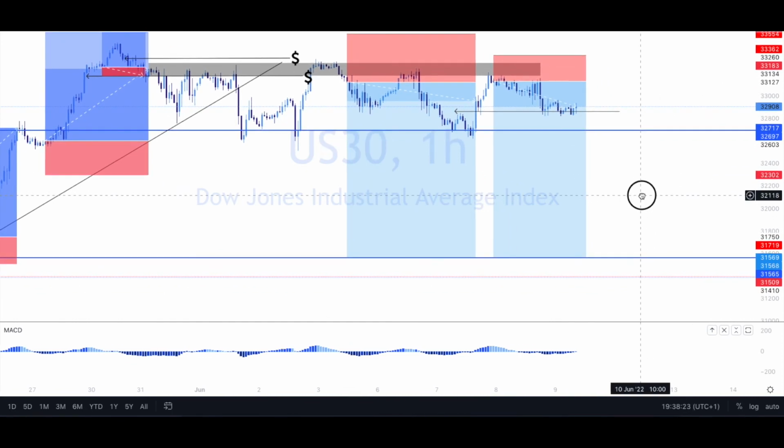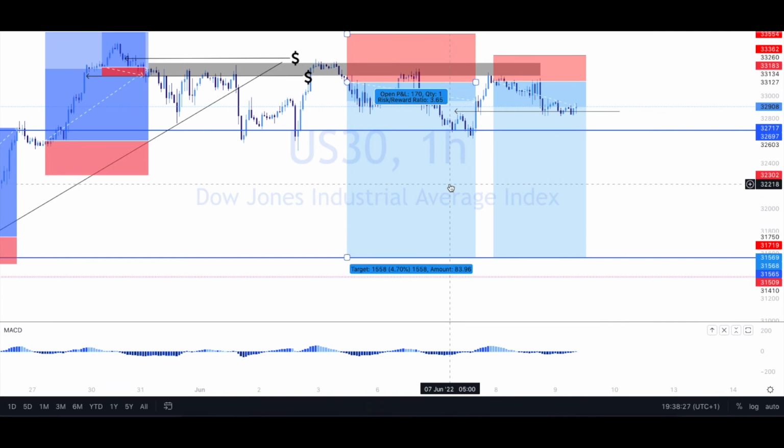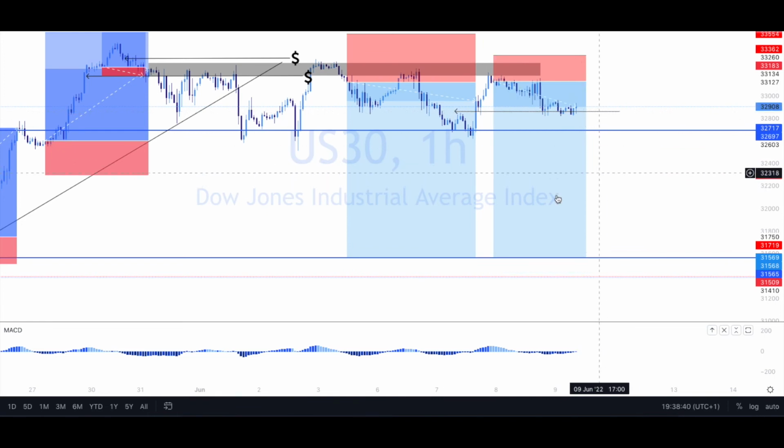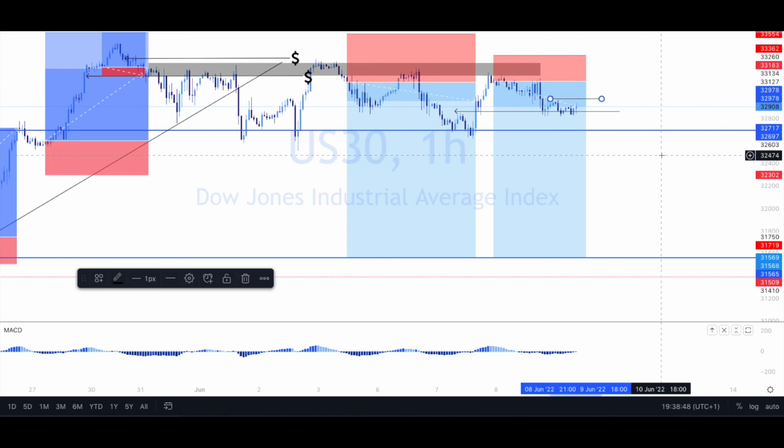So what we're going to do is put on another, in real time. This is what I'll do. I would have brought in a trailing stop about here, covering these levels right here.